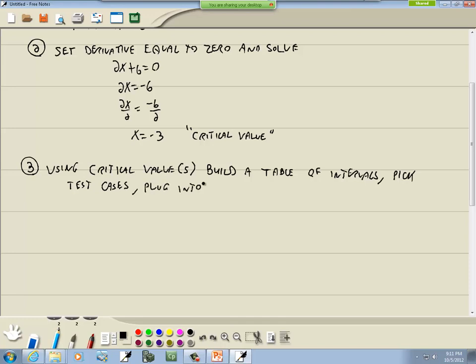Plug into the derivative. And simplify. And we're looking specifically for the sign. If it's positive, then that means your graph is increasing.